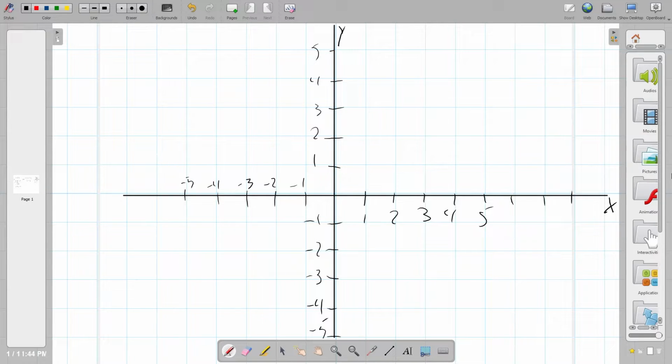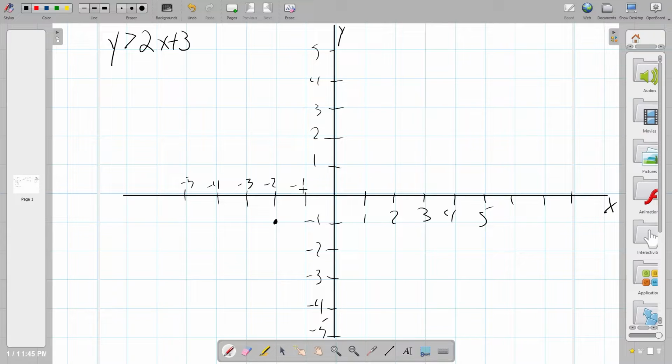So if we were to plot y is greater than 2x plus 3, let's start with x of negative 2. 2 times negative 2 is negative 4 plus 3, which is negative 1.